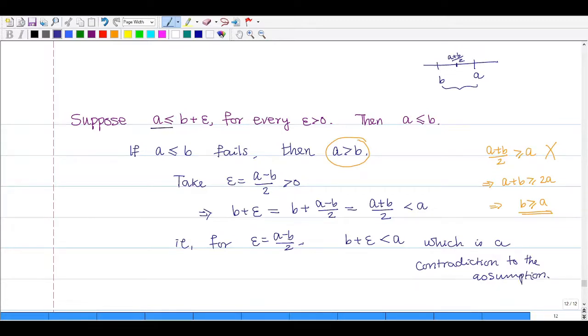A is less than or equal to B plus epsilon for every epsilon; whatever epsilon you give, A is less than or equal to B plus epsilon. But what have I done here? For a particular epsilon, B plus epsilon became smaller than A.